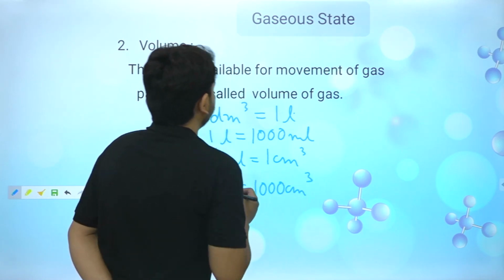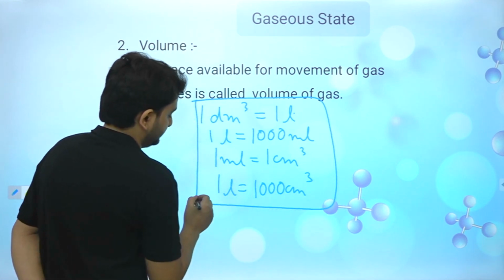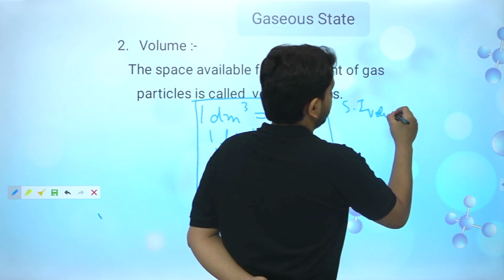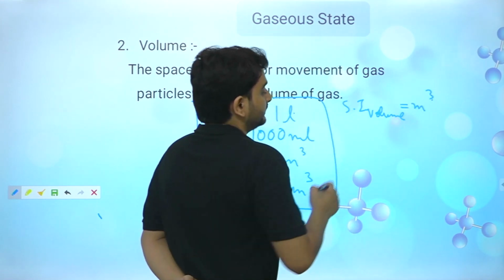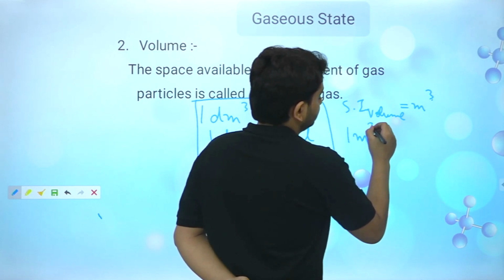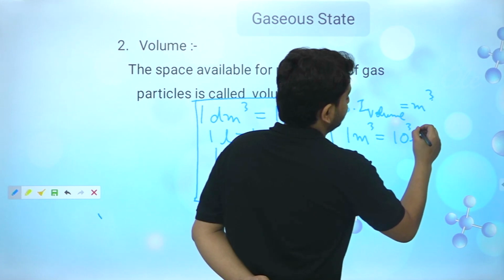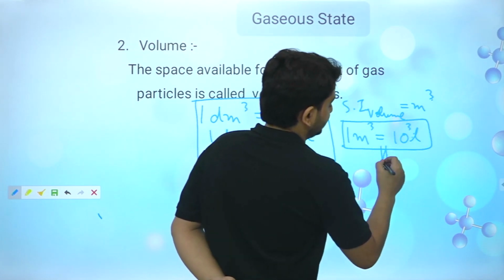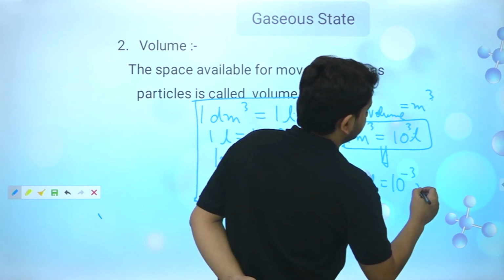Alright. So these are the few units that you must remember. Okay. SI unit of volume is meter cube. Alright. 1 meter cube is equal to 10 to the power 3 liters or 1000 liters. Alright. Or conversely, we can say 1 liter is 10 to the power minus 3 meter cube.